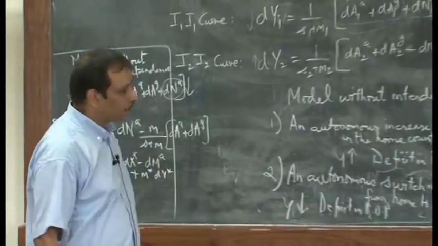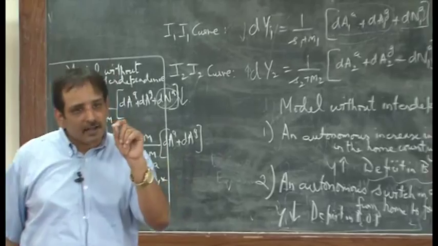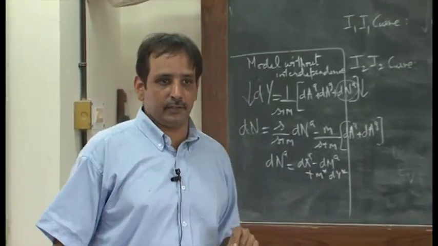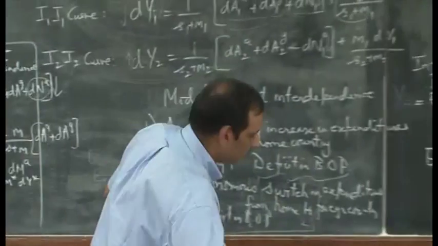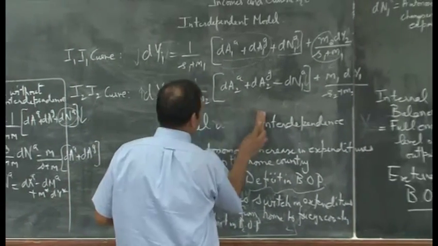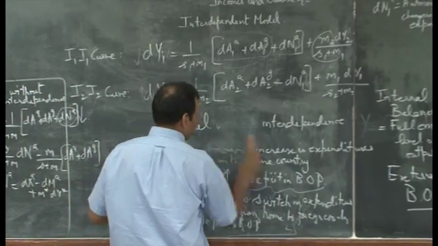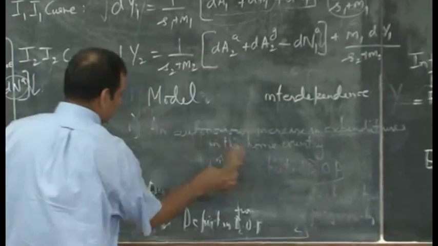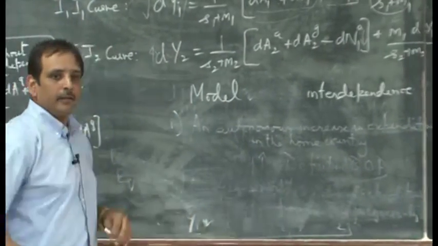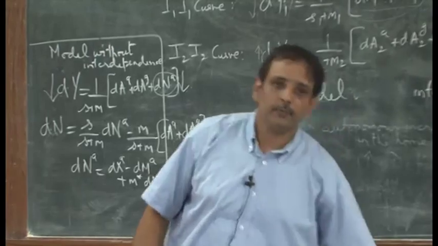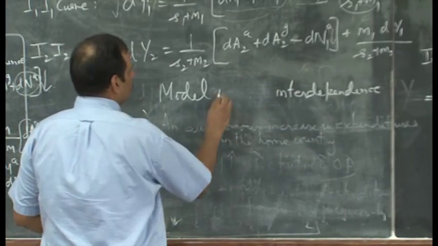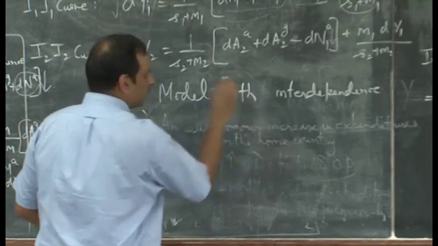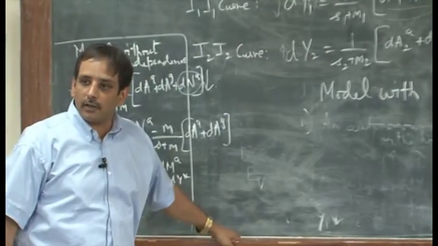I will end with a little complicated case of a model wherein you have interdependence, and then you have an objective of how to achieve the internal and external balance. So you have a model with interdependence, and again a shock comes.